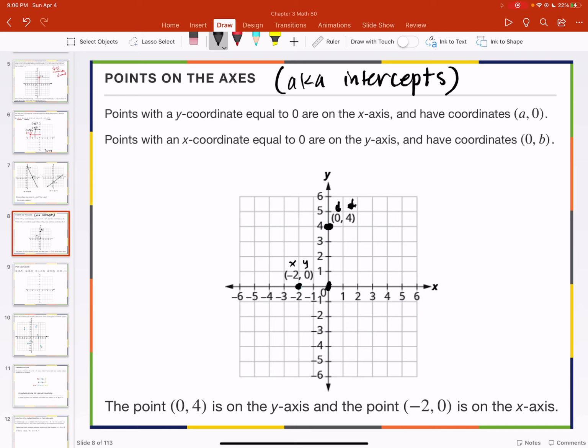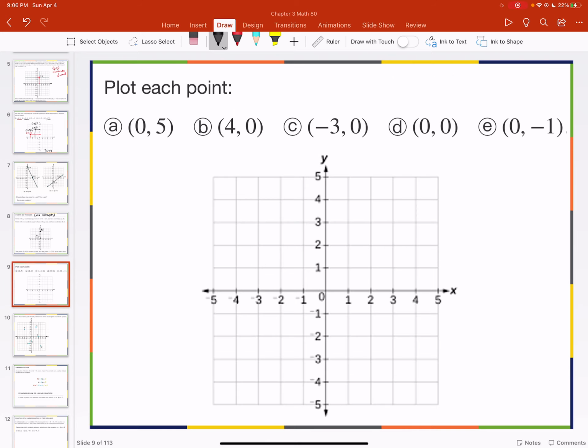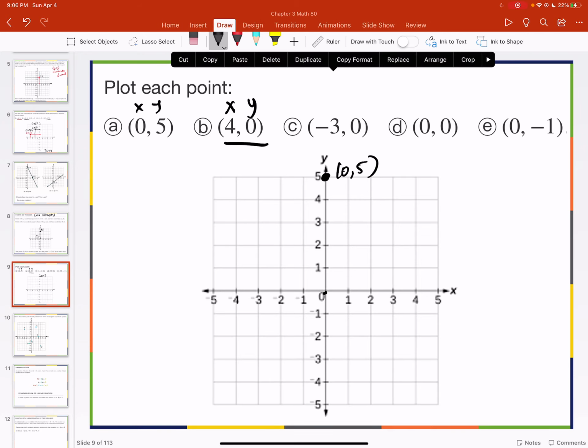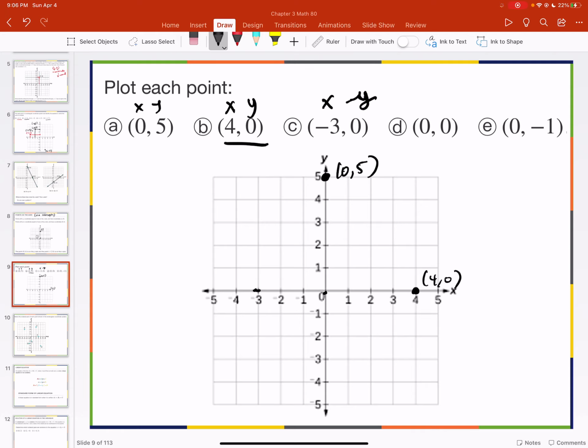So let's do a couple of examples. Here we have (x, y) = (0, 5), that's (0, 5). B, we have (4, 0), that means the x value is 4 and the y value is 0. Then you have (-3, 0), x is -3 and y is 0, it's here.